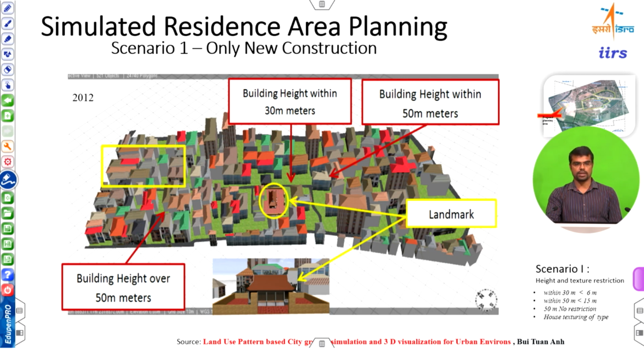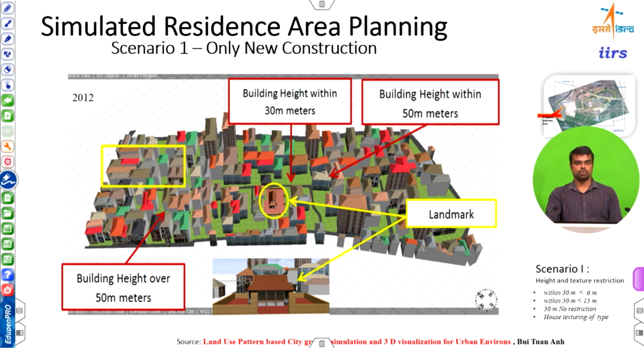And there are a few planning criteria, which means there will be a few restrictions on development which will always be laid out by the different agencies. For example, you have a restriction that around the heritage area you cannot have a building more than 30 meters, so that can be put in.